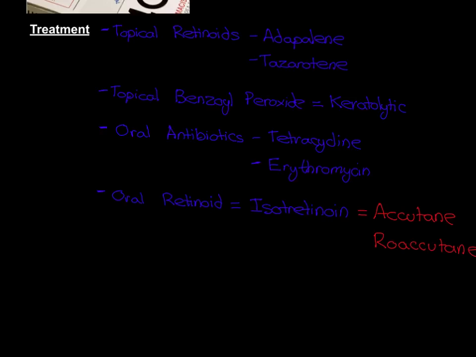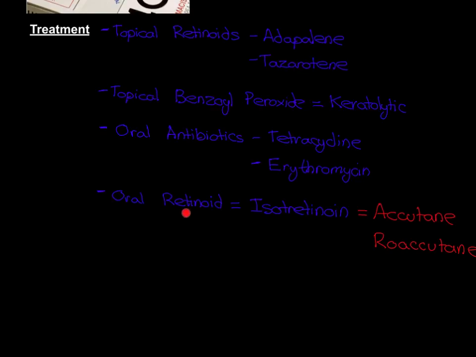It is no longer under patent and is now made by a huge number of different drug companies and just sold under the generic name Isotretinoin, but people still call it the original names that it had, which are Accutane and Roaccutane. So be aware, if you hear those names, they're referring to Isotretinoin, this oral retinoid.